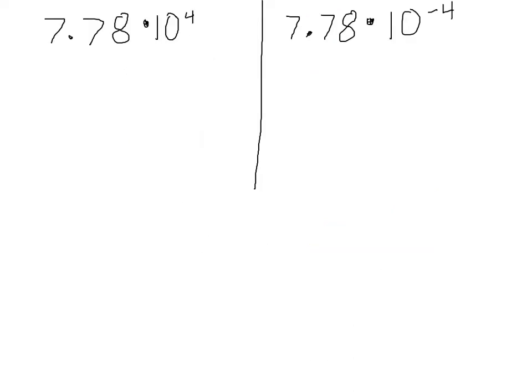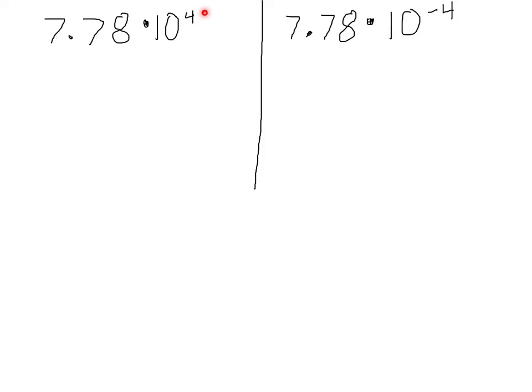Let's practice our knowledge of scientific notation converted to standard form on two very different problems. This first problem has a coefficient 7 and 78 hundredths. This in fact is a number between 1 and 10. Being multiplied by a base 10 and an exponent of positive 4.